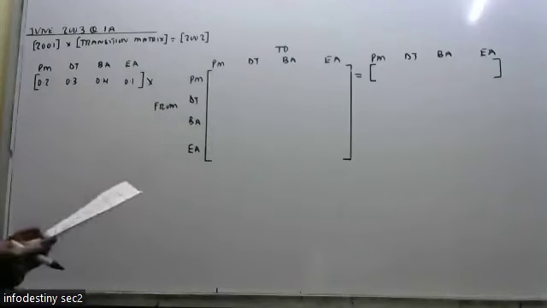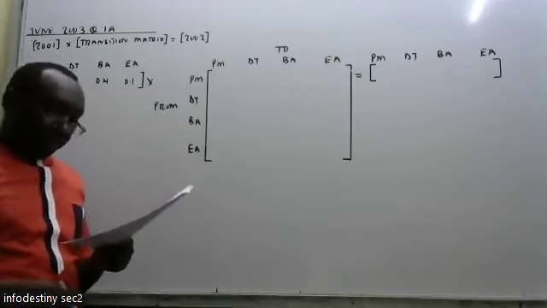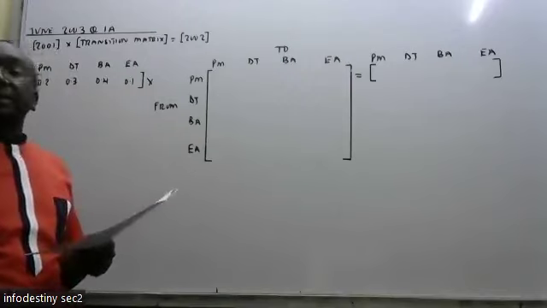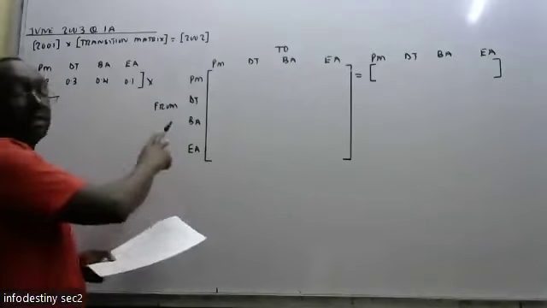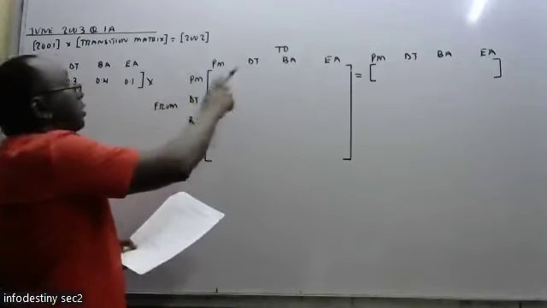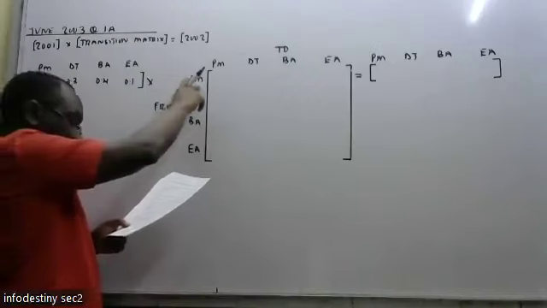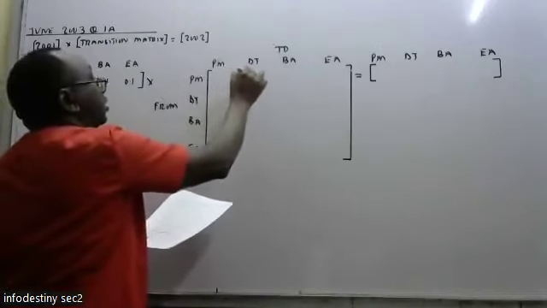Information 1 says, out of those NGOs which used BM auditors in 2001 financial year, 10% switched to BT auditors. So as I have told you earlier, this transition matrix shows us the movement from to. So from BM to BT is 0.1.